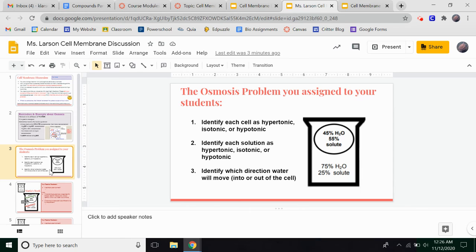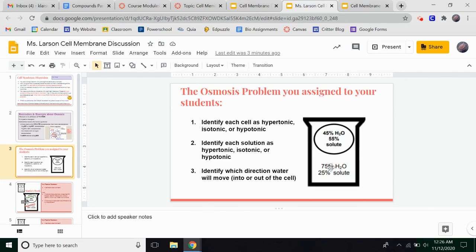Then identify which direction the water will move, into or out of the cell. So you're asking: is this cell hyper, iso, or hypo? Is this beaker hyper, iso, or hypo? And will water move into the cell or out of the cell?